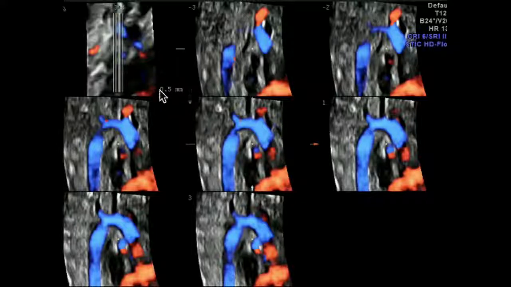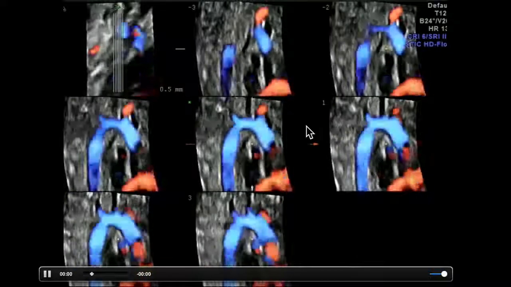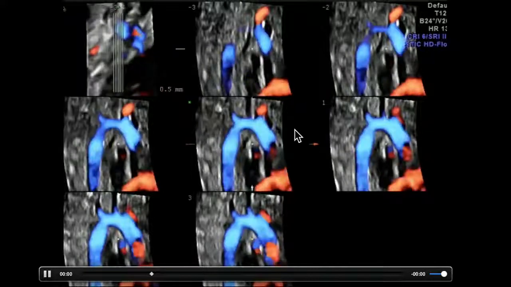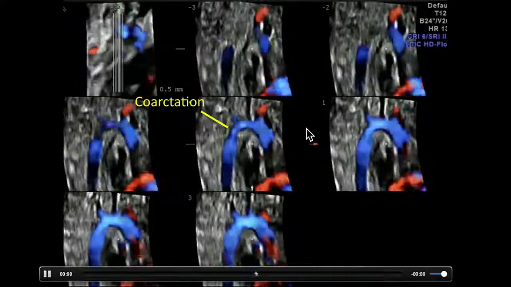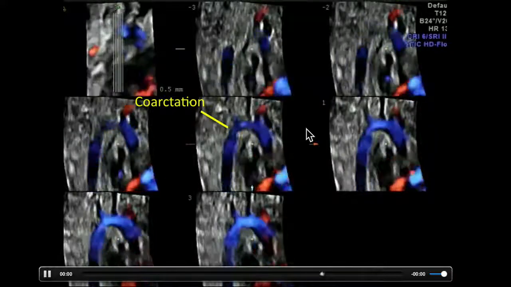The tightest I can keep it is 0.5 millimeter, but because the money shot in this case is the aorta, you're going to want the most slices in that structure of interest, and in this case we're going to highlight the coarctation. You can also see that this is a TUI that has power Doppler or HD flow superimposed. So this is one of the other ways we can tweak the modality.